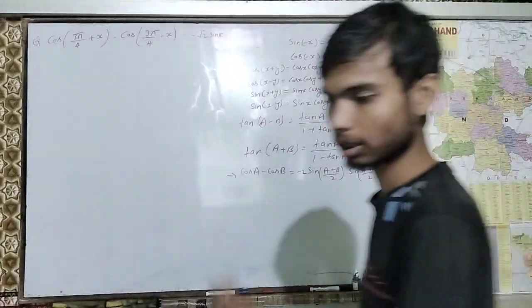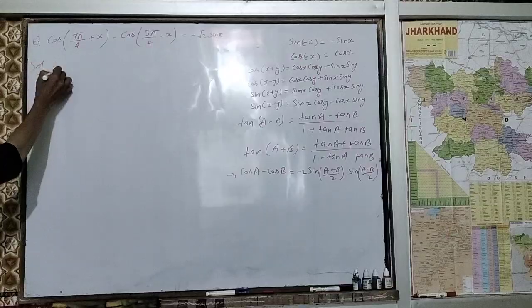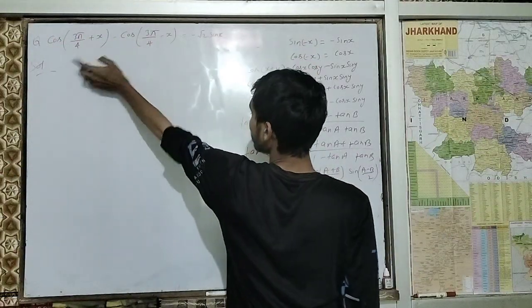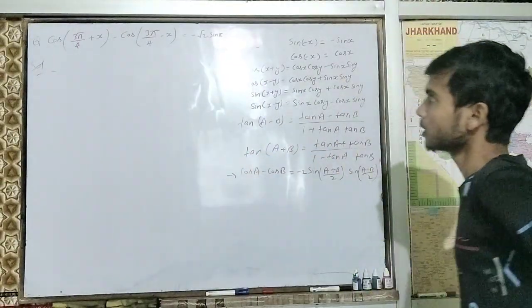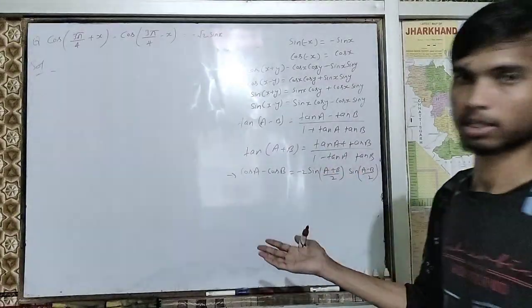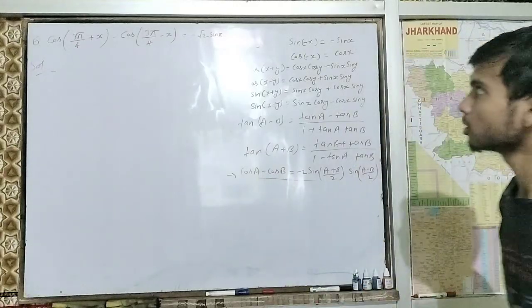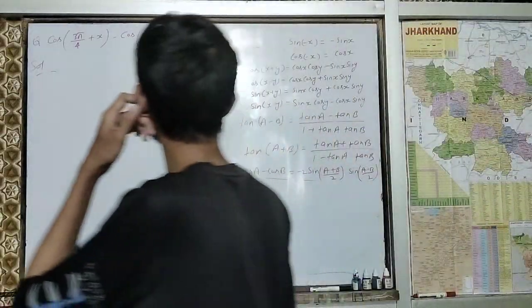Look over here, this is cos, this angle and this angle both are the same. Cos A plus B, then minus cos A minus B. In that case, this identity you will use. Okay, so let's use it.